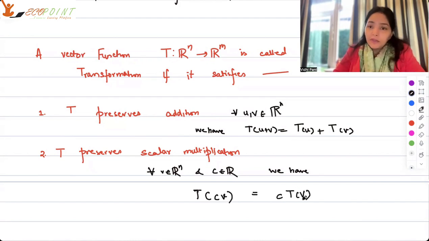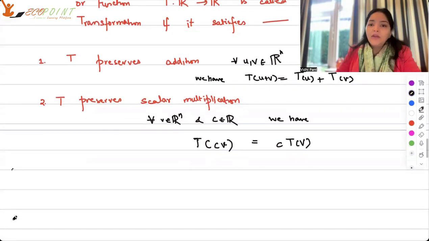If you have a vector function and it satisfies these two properties, it is a linear transformation, in other words a linear function in multivariable calculus, where your input and output are vectors.